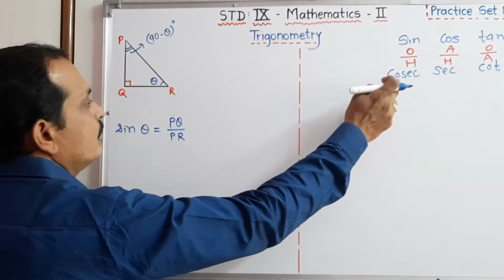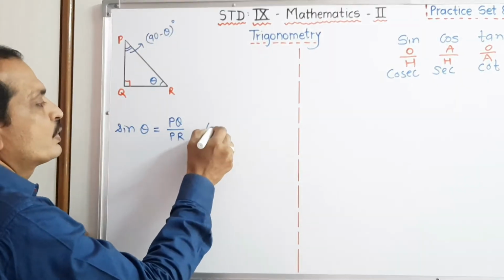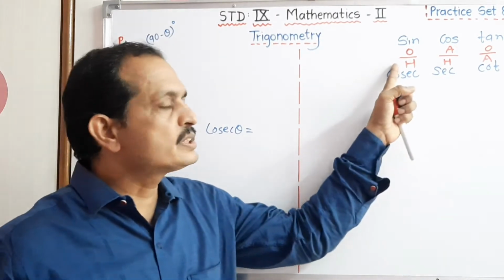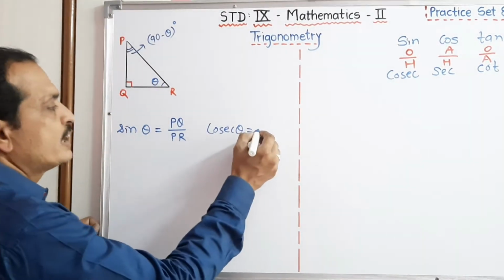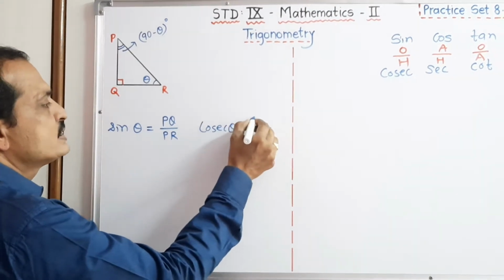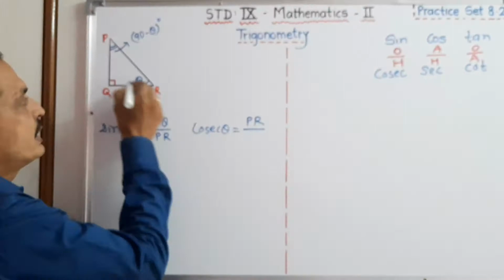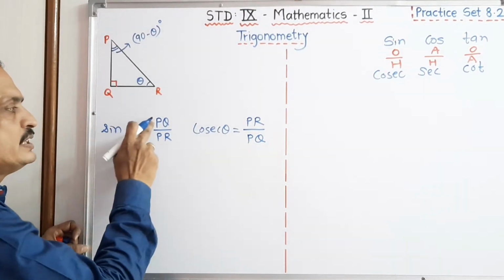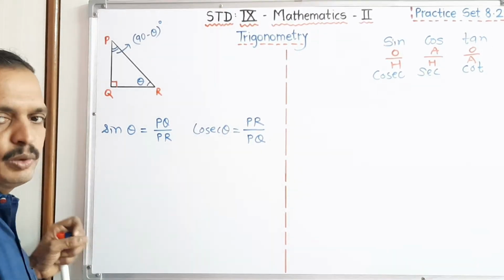Now here we have to write cosec theta. Cosec theta is equal to hypotenuse upon opposite side, that means hypotenuse PR and opposite side of theta, that is PQ. Therefore we got here sine theta is PQ upon PR and cosec theta is equal to PR upon PQ.